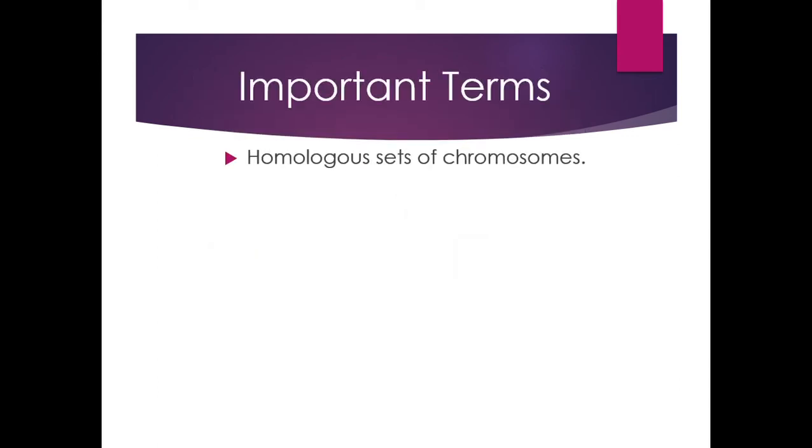Now we're going to go with some important terms. We have homologous sets of chromosomes. Homologous basically means that there are two pairs of chromosomes, one pair from the father and one from the mother. Gametes, just like I have been mentioning, are sex cells.